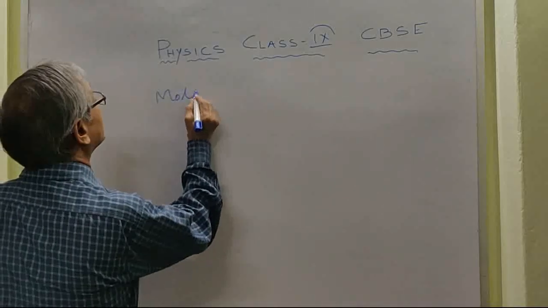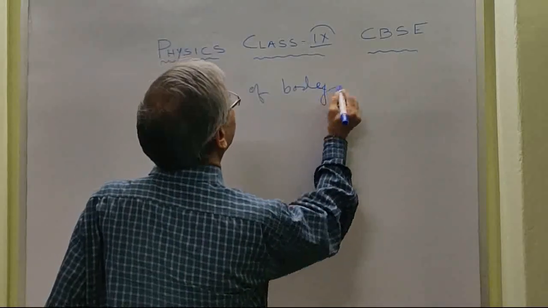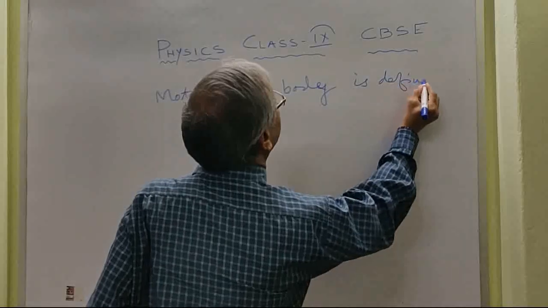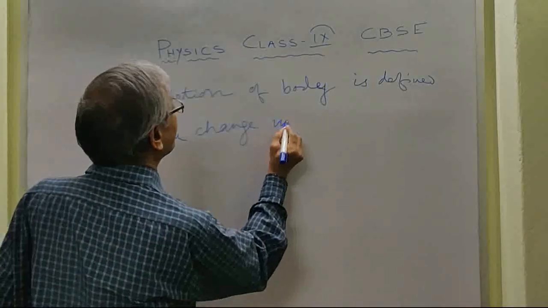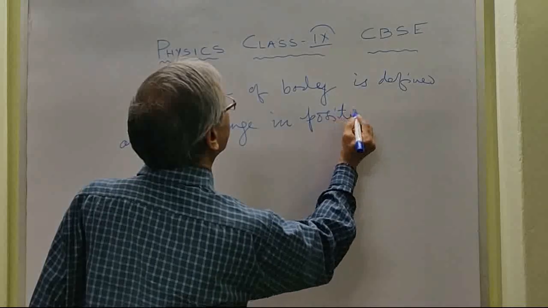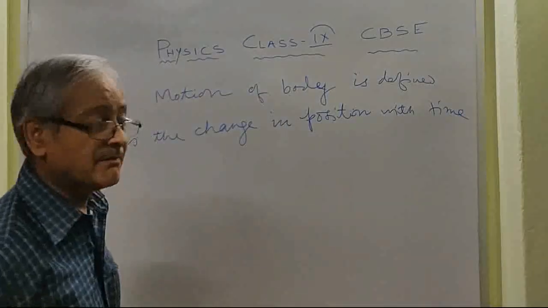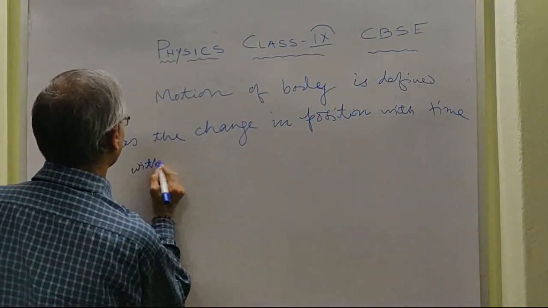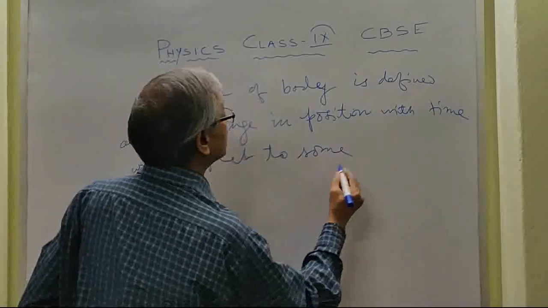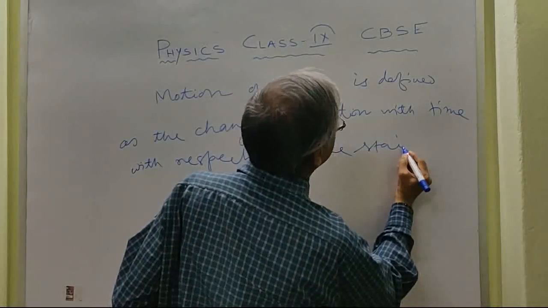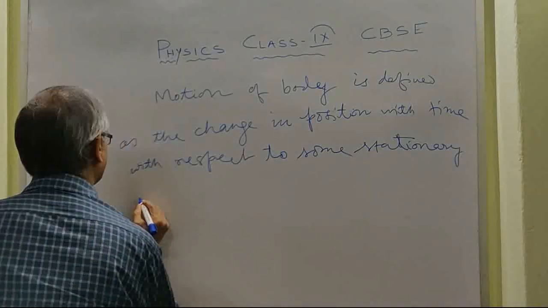Motion of a body is defined as the change in position with time with respect to some stationary body.